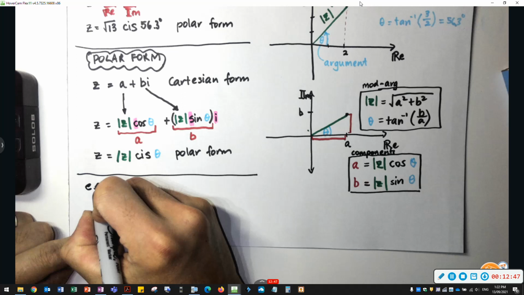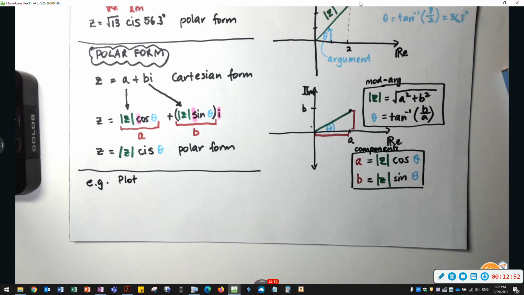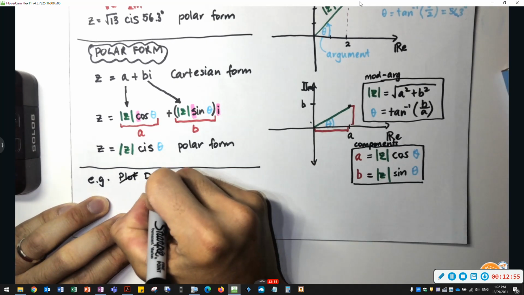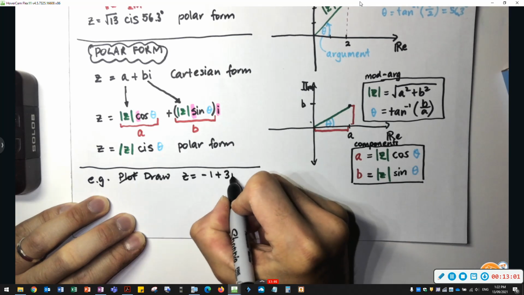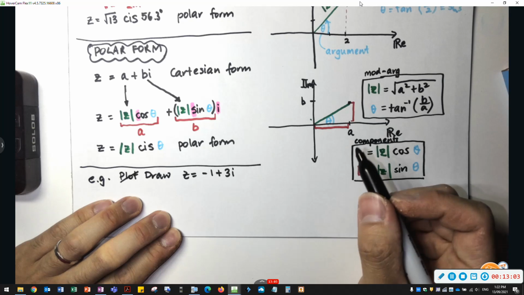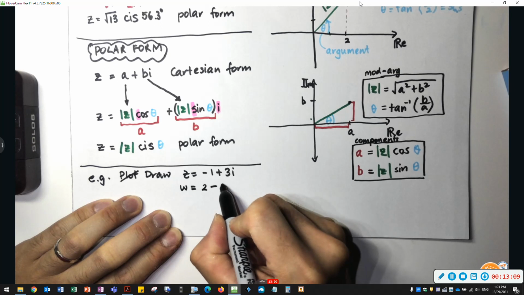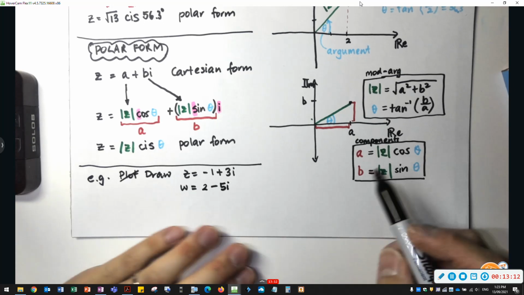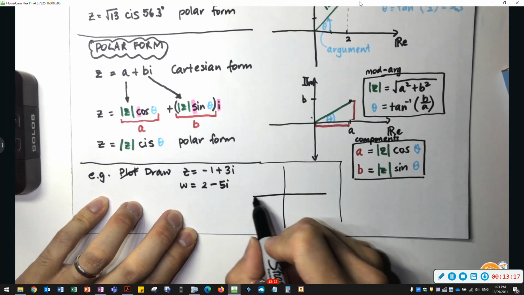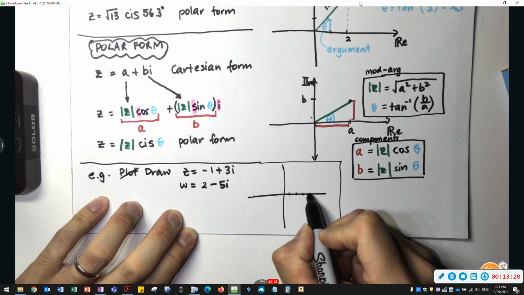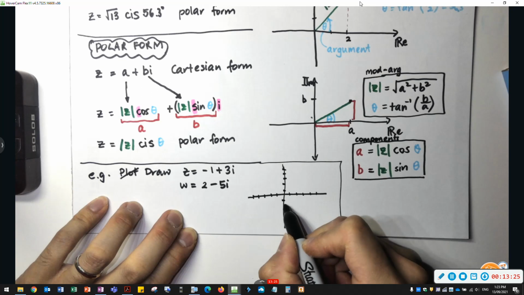So if you want to, I'll say plot, but it's really just draw Z equals -1 plus 3i, and then they usually name the other complex numbers as W, and then you've got 2 minus 5i. So what we're going to do, okay, draw our plane there. 1 2 3 4 5, 1 2 3 4 5, 1 2 3 4 5, 1 2 3 4 5.